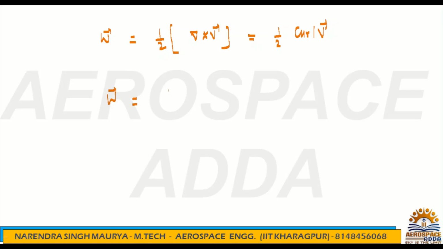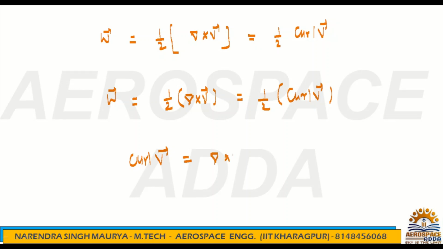Angular velocity is nothing but 1 by 2 curl V vector. This is very special. Or you can say curl V vector, which is the cross product of velocity vector V, is equal to 2 times the angular velocity.